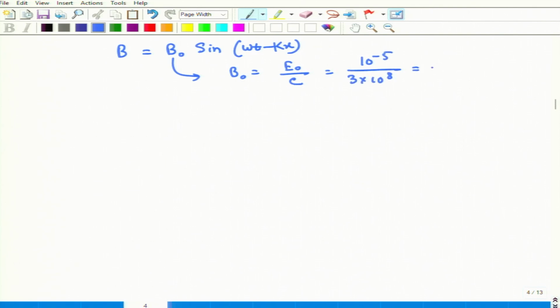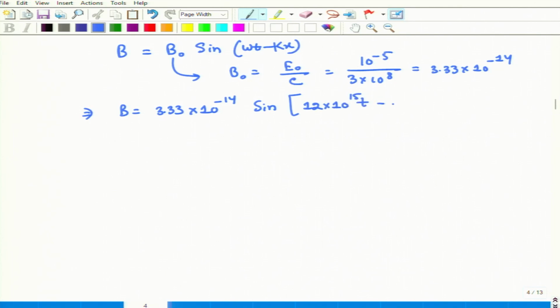So it will be actually 3.33 into 10 to the power minus 14. So B will be 3.33 into 10 to the power minus 14 sine of omega t. What was the omega? Omega was 12 into 10 to the power 15 t minus k into x.